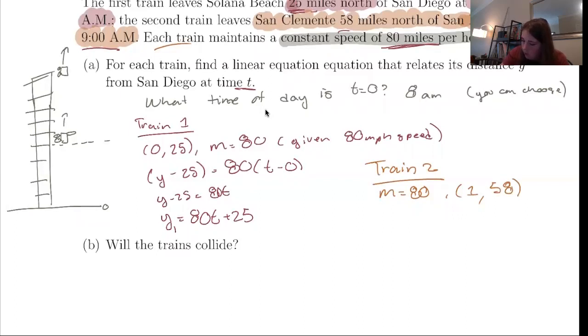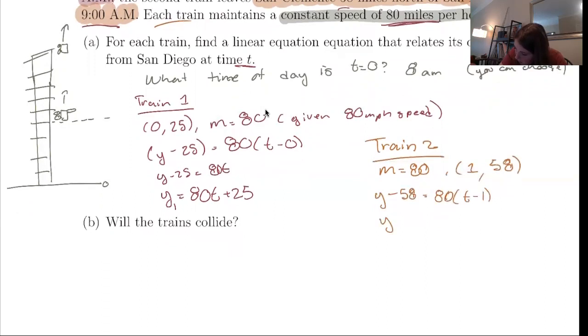So now I have my slope and my point. So I'm given y minus 58 equals 80 times (t minus 1), which is y minus 58 equals 80t minus 80.